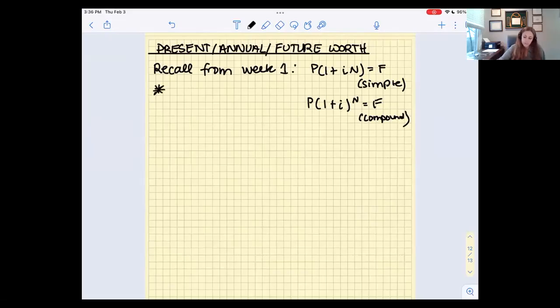As I stated previously, unless it says simple, you should assume compound. And so even really for the rest of this class, we will be working with compound from now on.